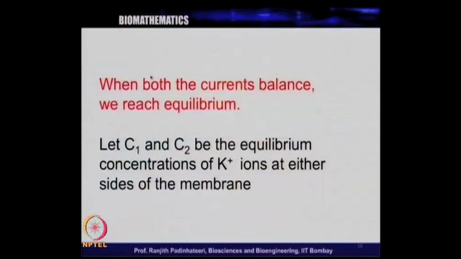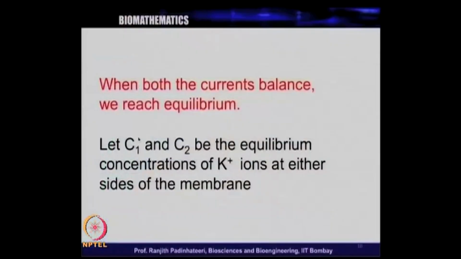So, let us go ahead. We understand the condition: at equilibrium the flows should balance, the flow in this direction should be equal and opposite to the flow in that direction. Let us assume that C1 and C2 are the equilibrium concentrations of K plus ions at either side of the membrane.